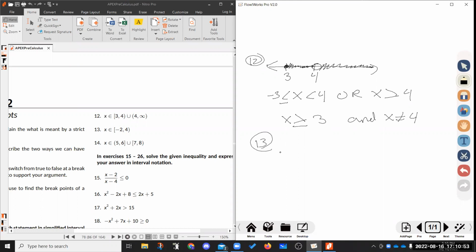Both of those would have worked. x is going to be greater than or equal to -2, and it's going to be less than 4. Or I could write it this way, with a compound inequality like that.